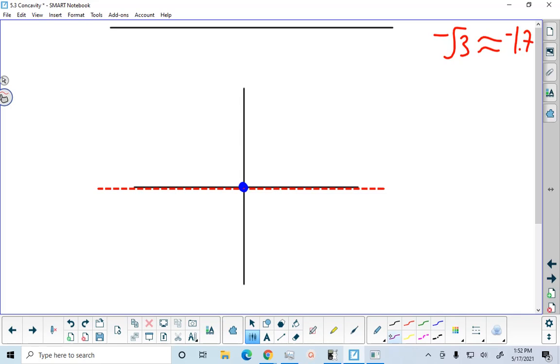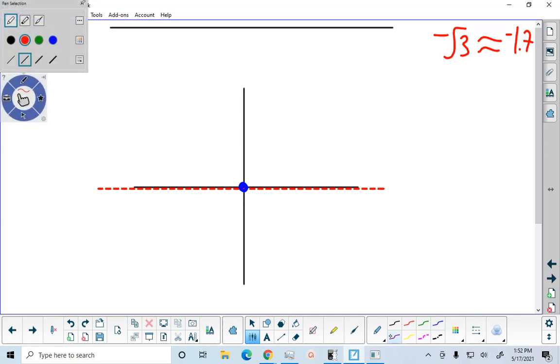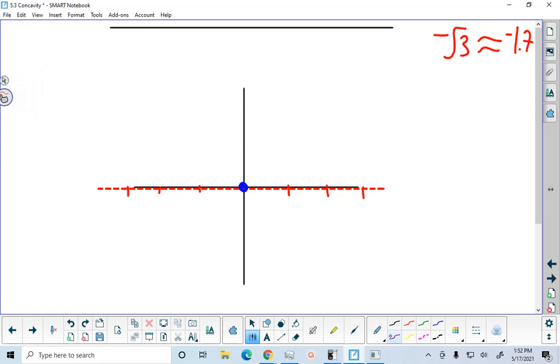I'm thinking that when I scale this, I'll probably want to go 1, 2, maybe up to 3. So on the x-axis, I've scaled these so that I'll just put in +2 here and -2 here.